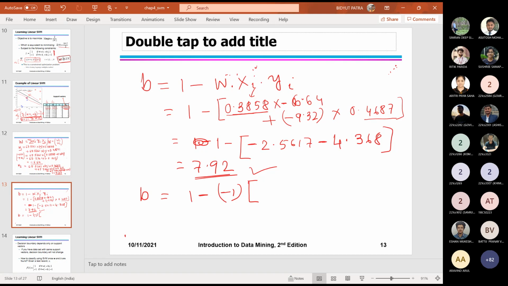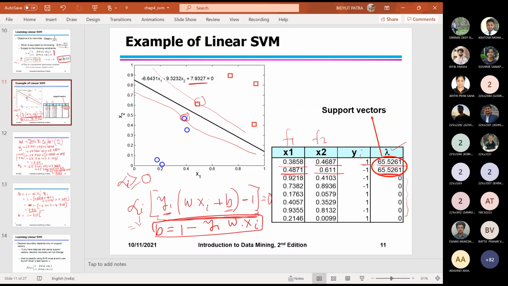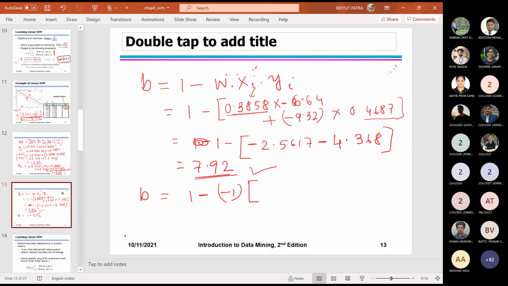So second sample into W. The second sample is 0.48771 into minus 6.64 plus 0.611 into minus 9.32.